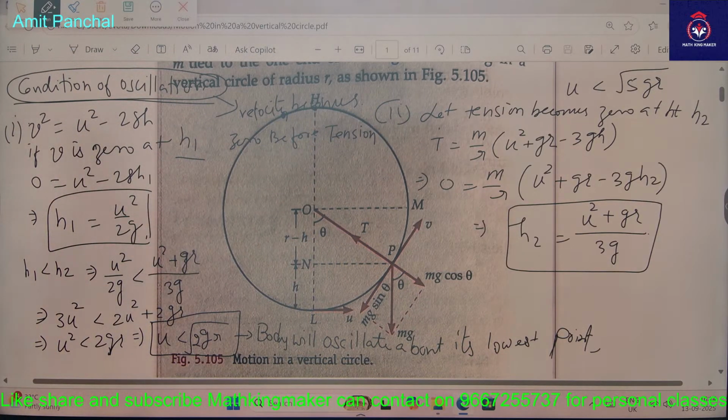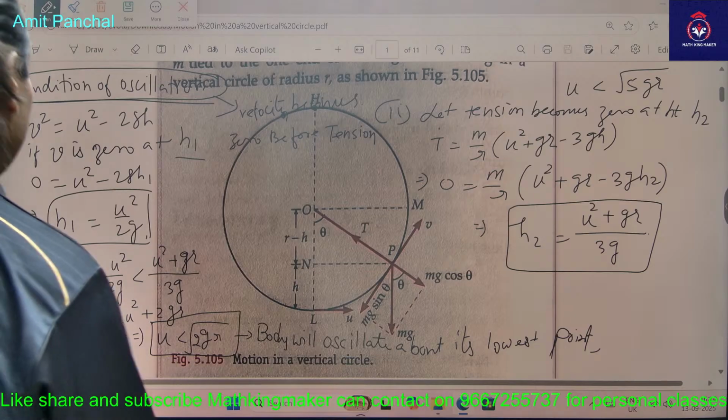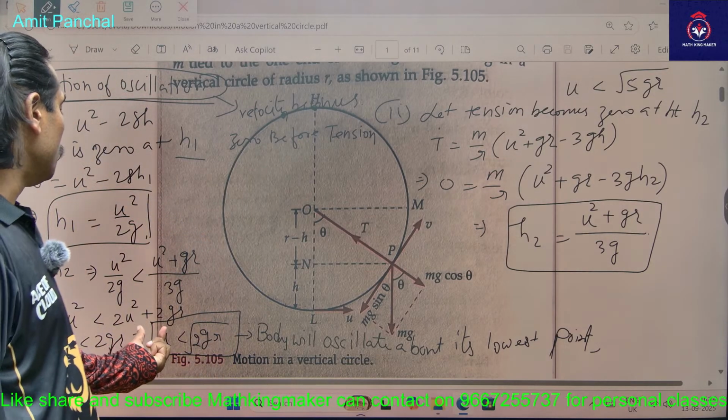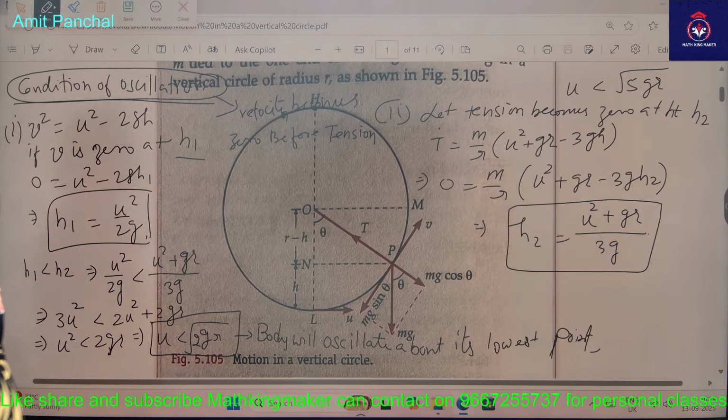What will happen if u is equal to the square root of 2gr? The path of the oscillation will be a semicircle.